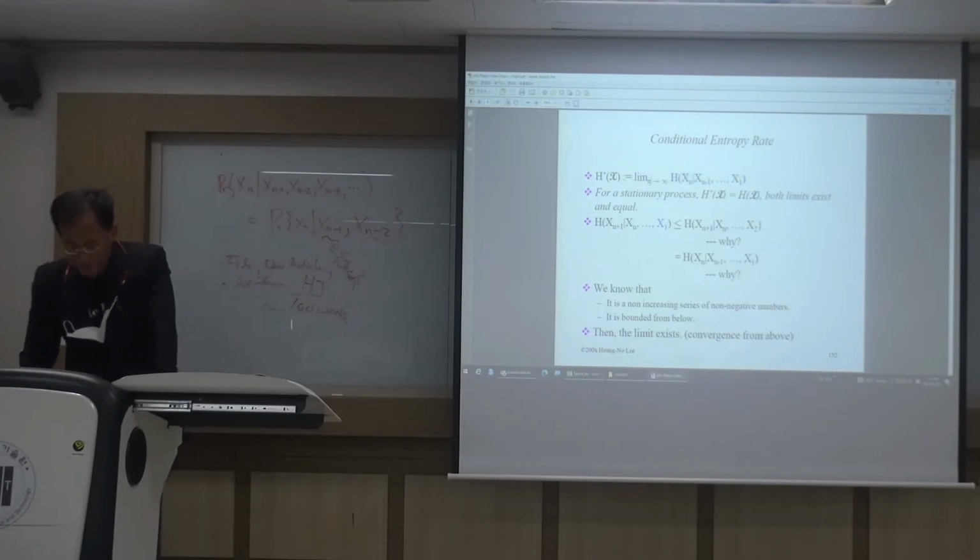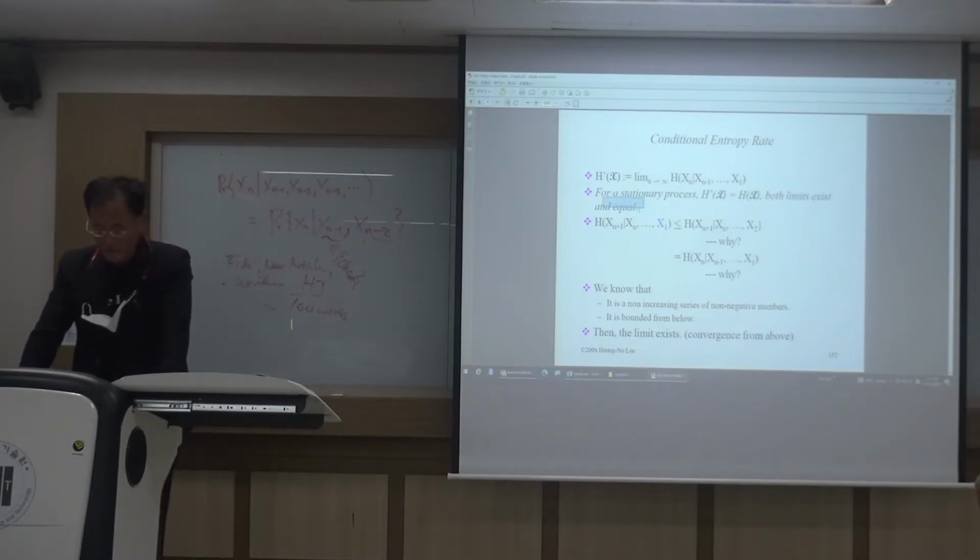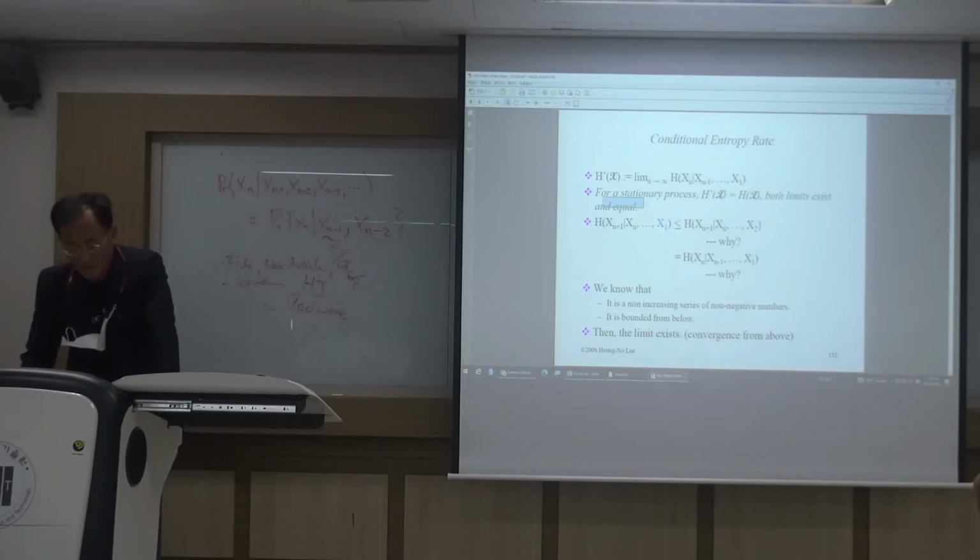For a stationary process, per symbol entropy is equal to conditional entropy. Both limits exist and are equal. That's what this statement is about, and we will have to prove this. We will prove this with the Cesaro mean.